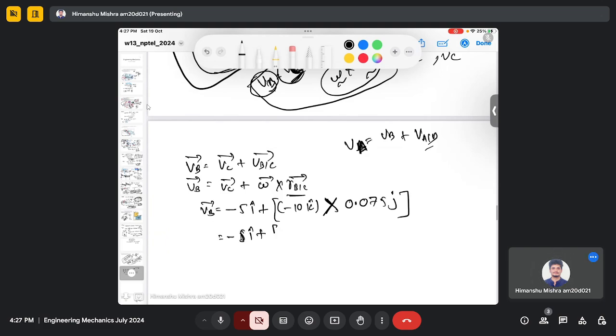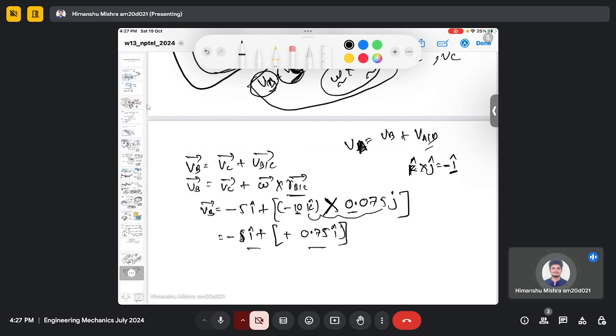When you write the cross product in vectorial form, you can calculate it easily. It's a cross product between k and j. If you do the cross product between k and j, you get the i component in the x direction, with a minus sign. For the magnitude you multiply 10 with 0.075, so it becomes plus 0.75 i.